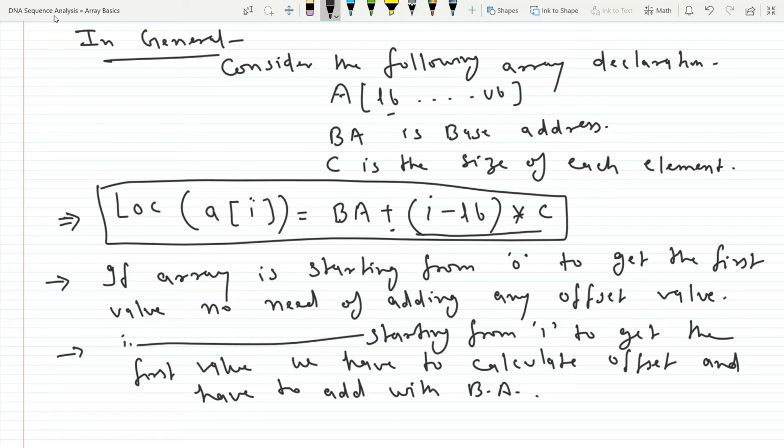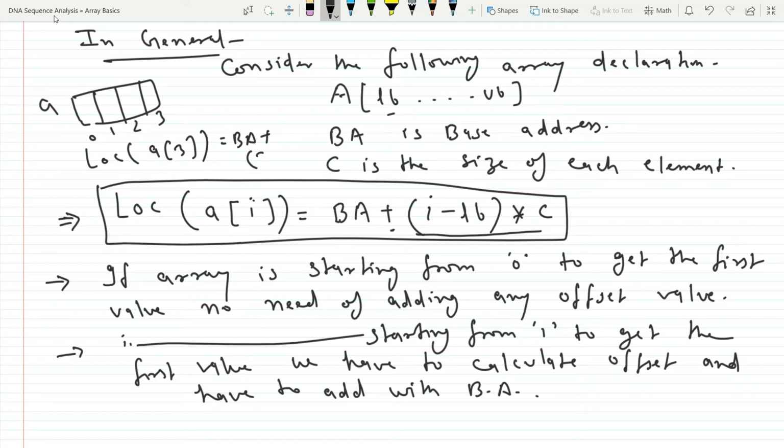So this is the very general rule. If the array is starting from 0, like 0 1 2, and we are supposed to find 3, there is no need of subtracting anything or adding any offset, because if I am referring to the location of A of 3, by default it is base address plus 3 multiplied by size, because 0 1 2, so ultimately 3 elements we skipped, right? But in general if it is starting from 1, we are supposed to calculate this by subtracting the lower bound from that.